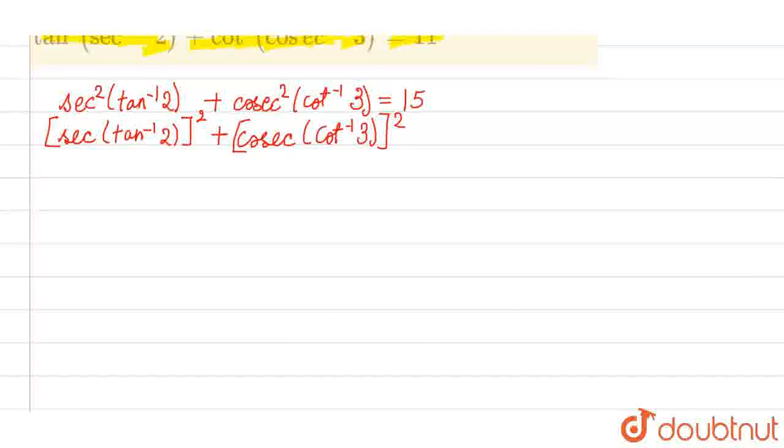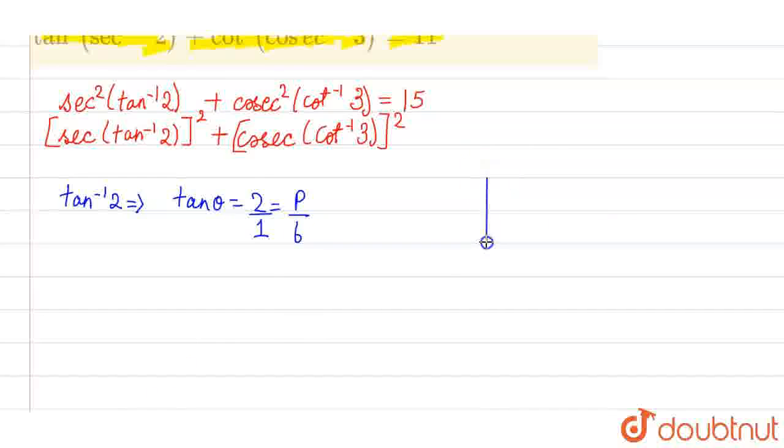Now if I say tan inverse 2, we can say tan theta will be equal to 2 divided by 1. This will act as the perpendicular and this as the base.